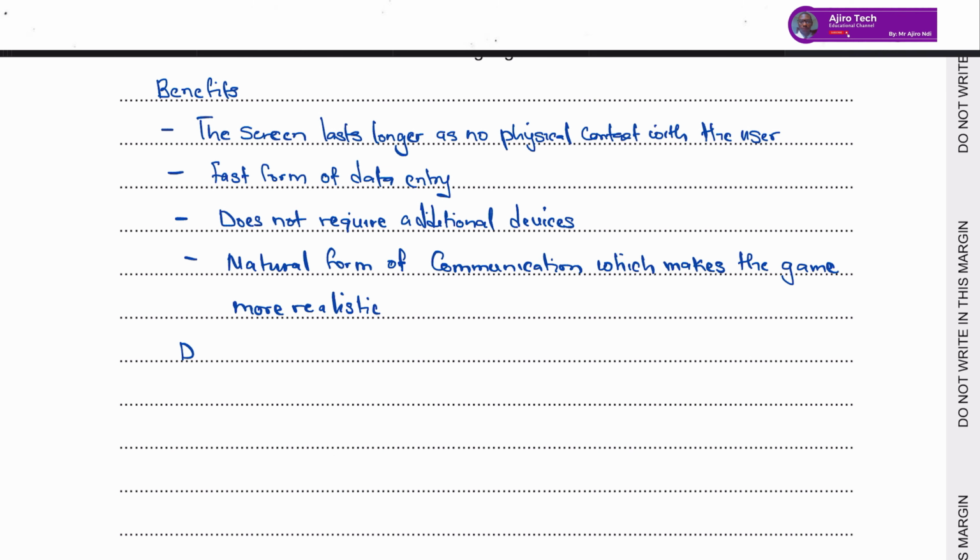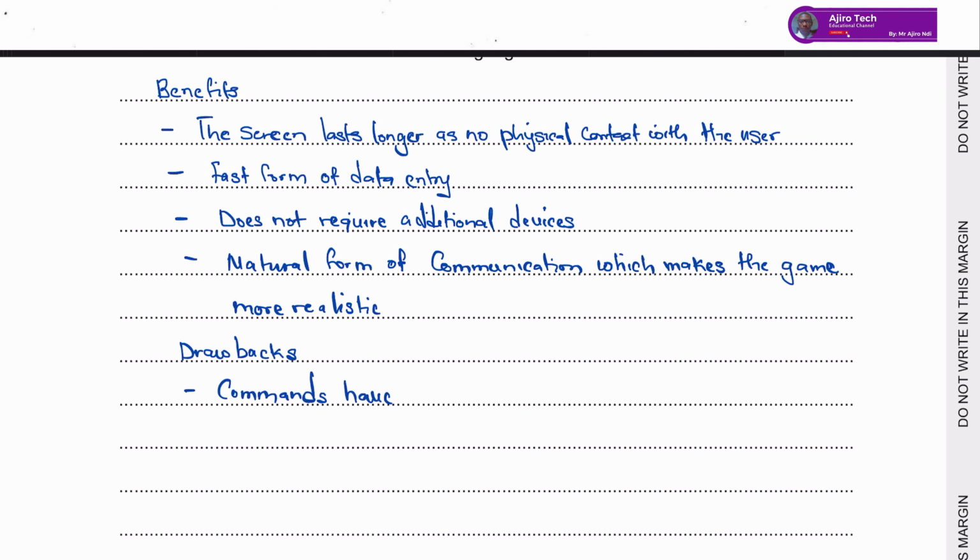Drawbacks. Commands have to be learned correctly. You have to know how to move your hands correctly, how to move your head correctly.